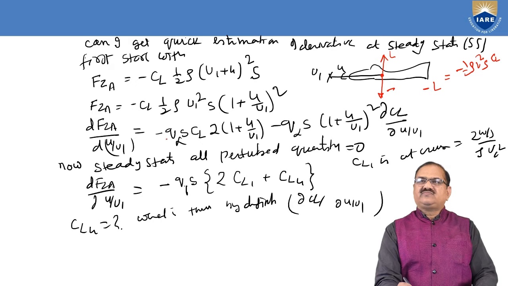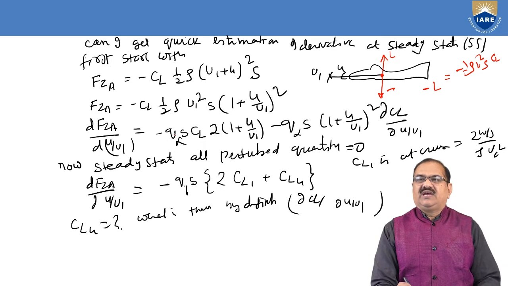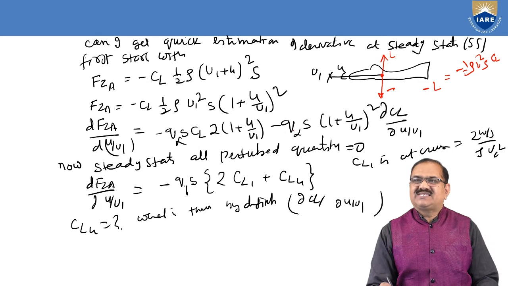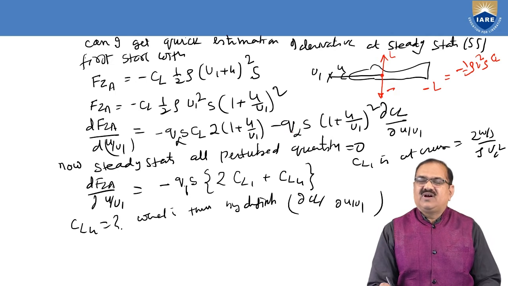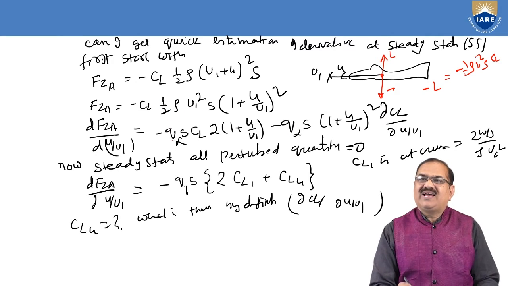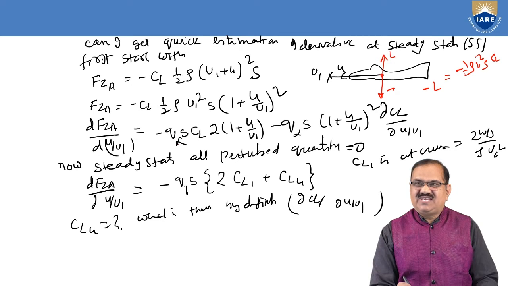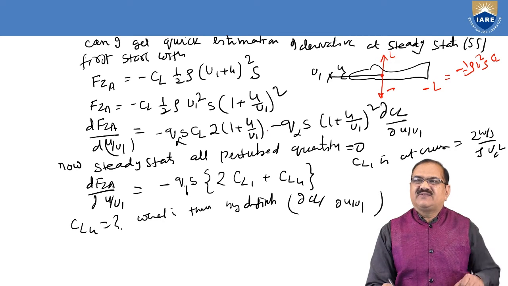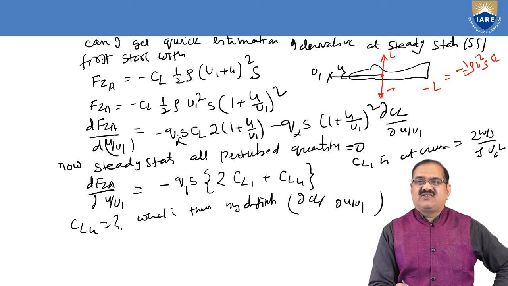So here minus Q infinity S CL into 2, 1 plus U by U1, minus Q infinity. Okay, half rho V square we can write here as Q infinity. So here it is not alpha, it is infinity.